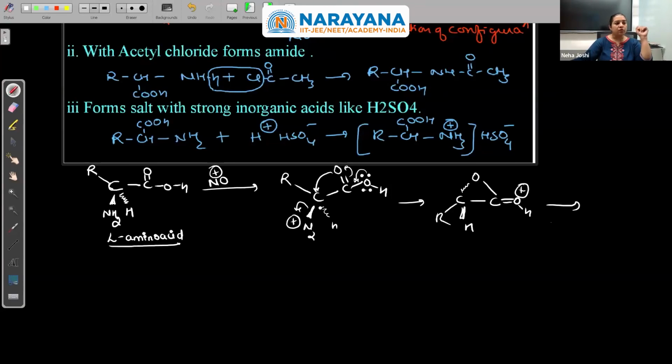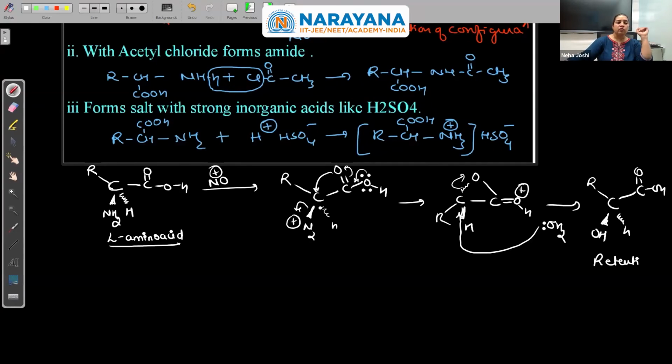When again water, OH2, comes, it attacks, goes back. So again things fall in place and OH takes its place, H takes its place, and COH is gone. So retention of configuration. This is what we are saying.